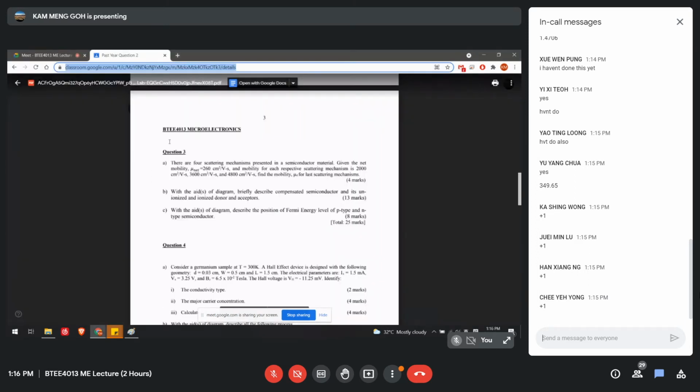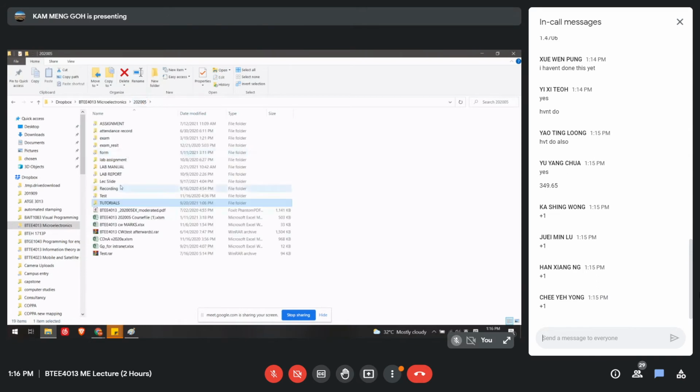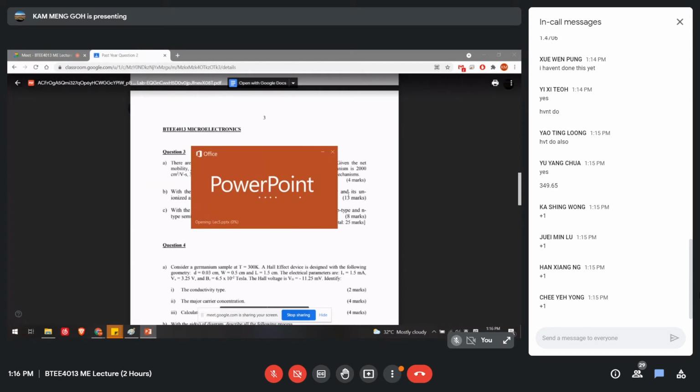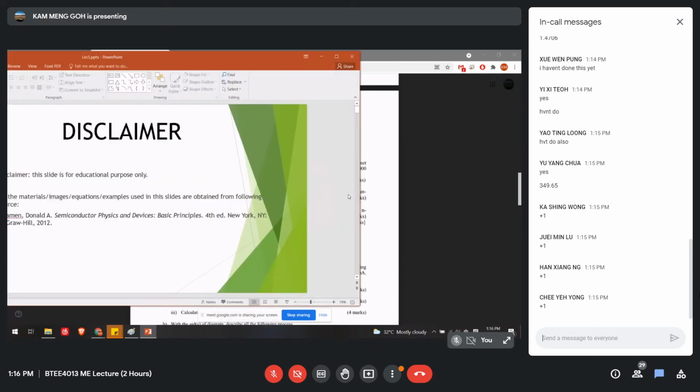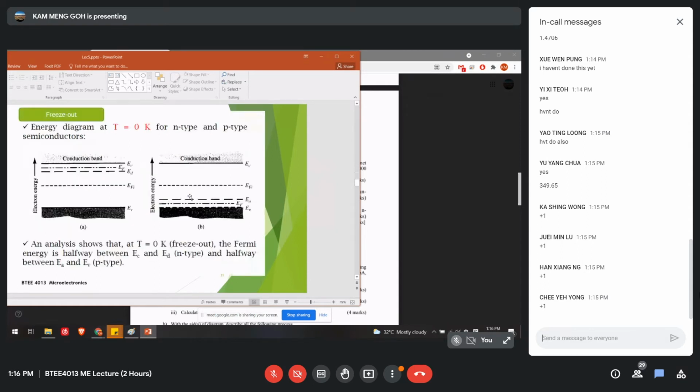Okay, next question. The diagram displays the compensated semiconductor and its unionized and ionized acceptor and donor. So what you have to do is refer to slide number 5 or 6. I think it's 5 if I'm not mistaken. Basically, all you have to do is refer to this diagram, the complicated one.